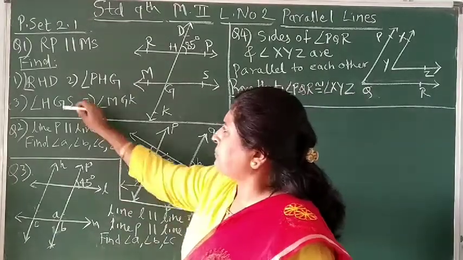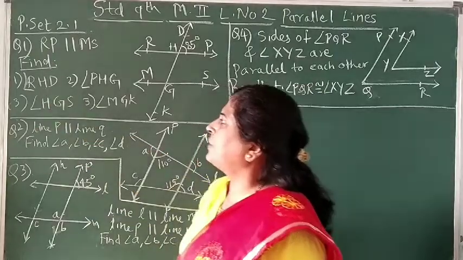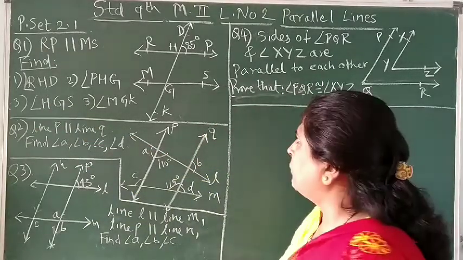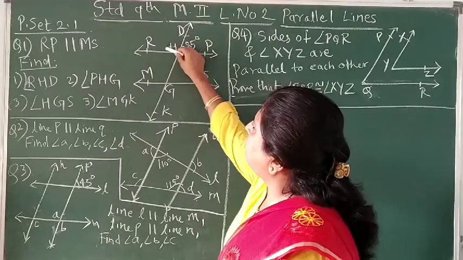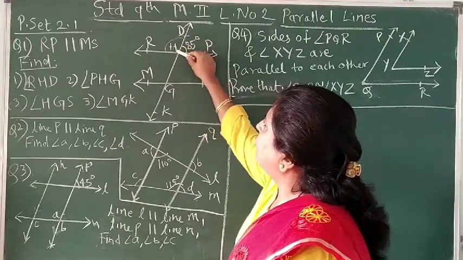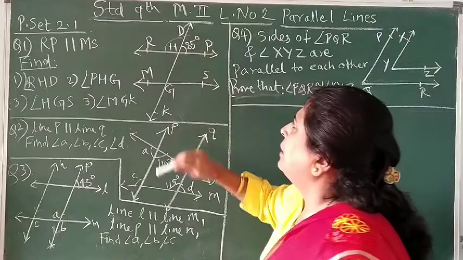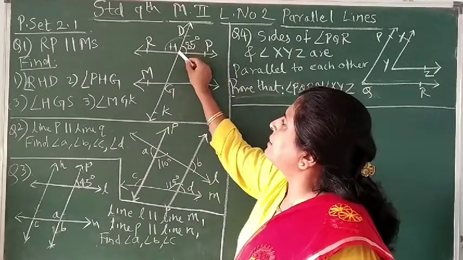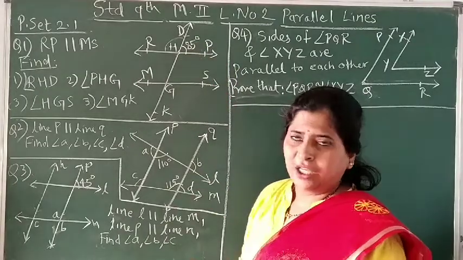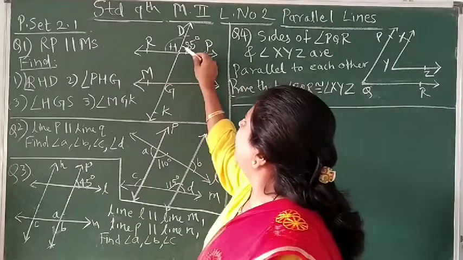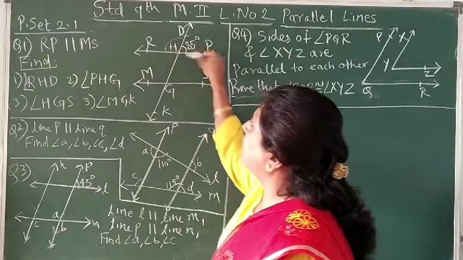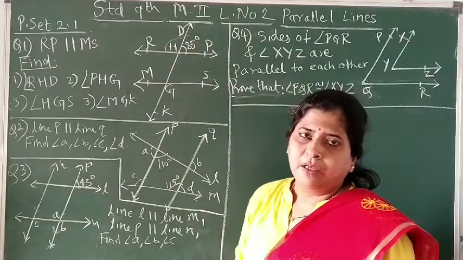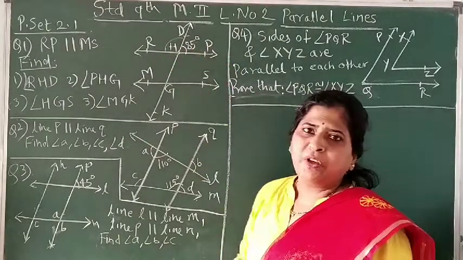Here you have to find the first angle, RHD. Where is RHD? Now what is the relation of this angle RHD with the given angle DHP? We can see that these two angles are at the same point H. The vertex is H. And they form a line, so these angles are a linear pair, so their sum is going to be 180 degrees.